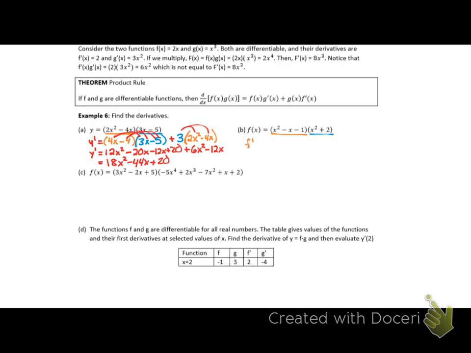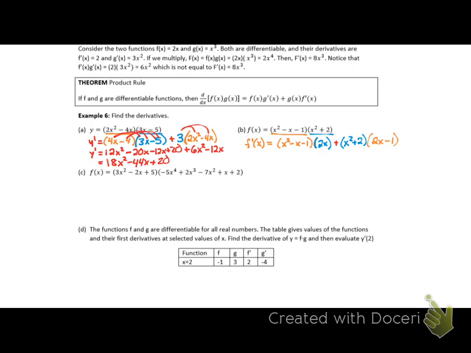So we have f prime of x is the first term times the derivative of the second, which is 2x, plus the second function times the derivative of the first function, which is 2x minus 1. And on this one, I'm just going to leave it like that. Because again, you can distribute it, but I'm going to trust that using your vast knowledge of algebra, you are capable of doing that on your own.